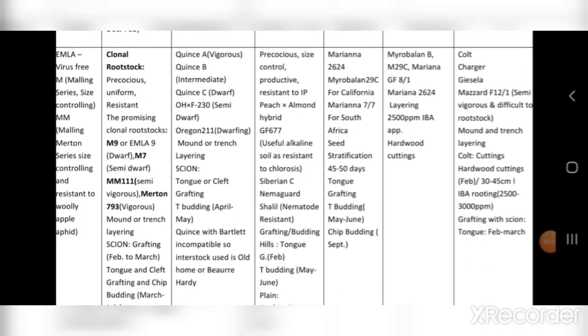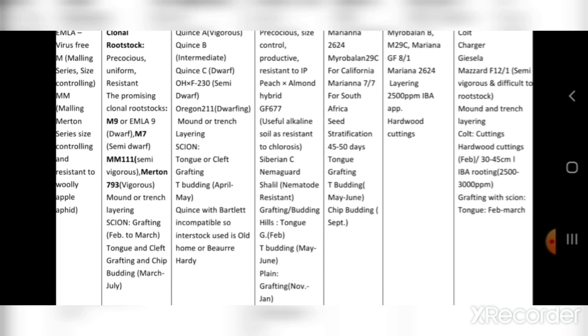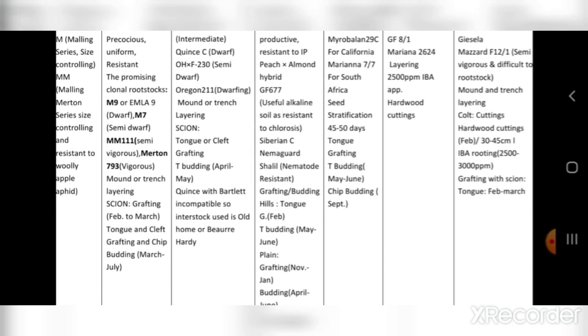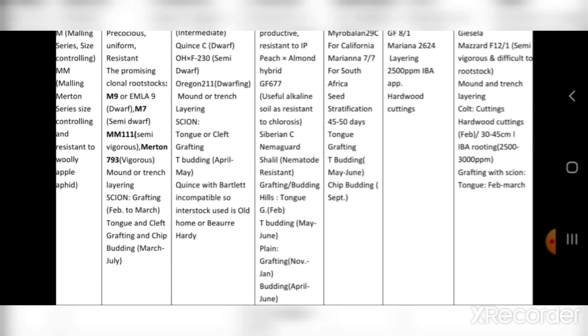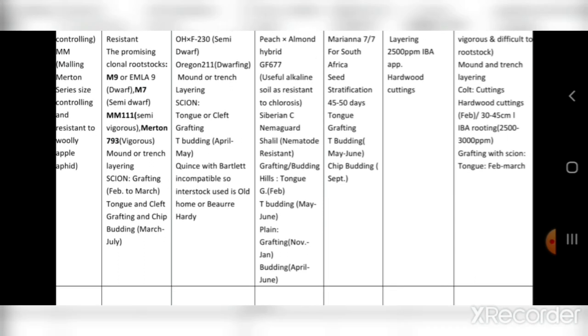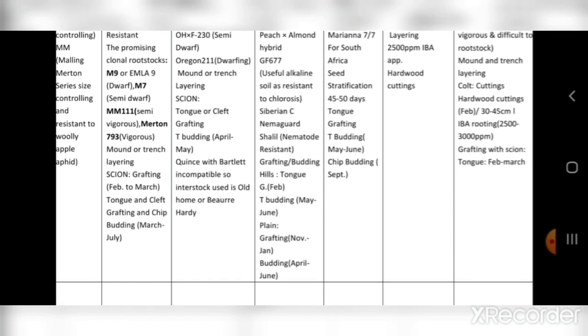Then comes the peach. Here peach clonal rootstock is precocious again, size controlling, productive, resistant to insect pests. Peach into almond hybrid can be used. GF677 is useful in alkaline soil as it is resistant to chlorosis. Then Siberian C, Nemaguard.